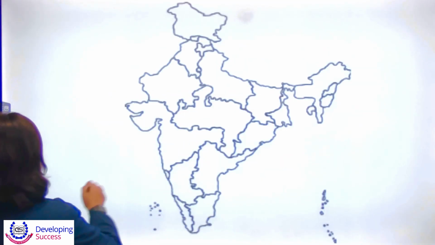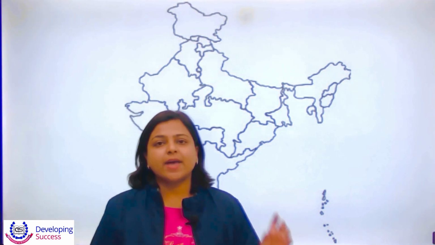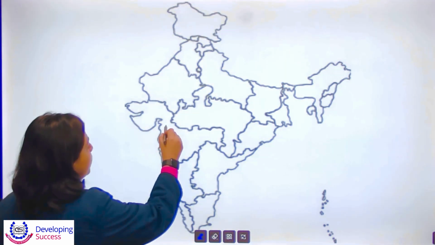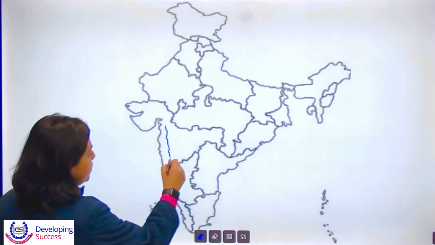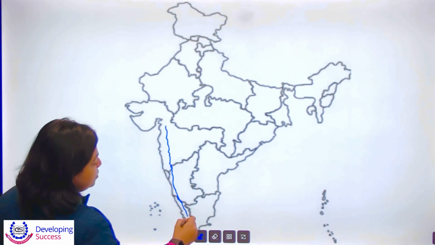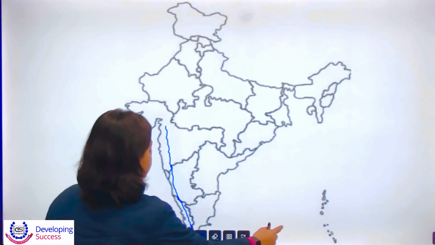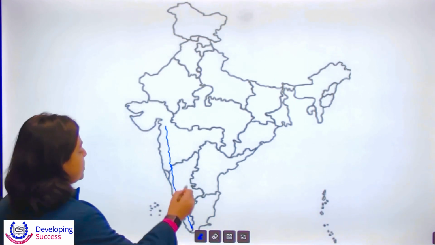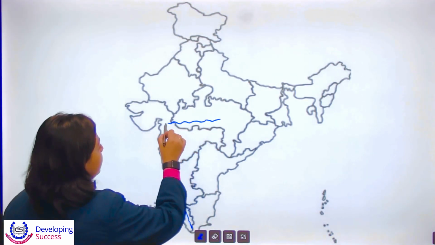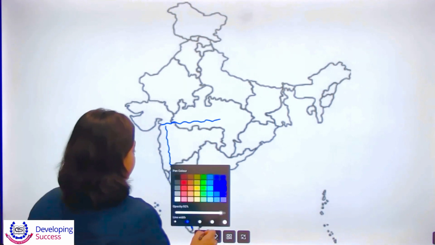So first of all, we will be doing the location of the Western Ghats. As you see here in the map of India, the Western Ghats are located as a continuous range in peninsular India. The Western Ghats are bounded by the Satpura Hills and the river Tapti.